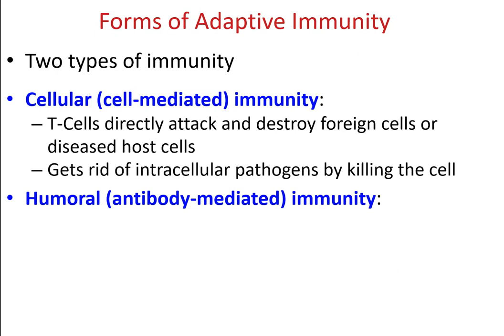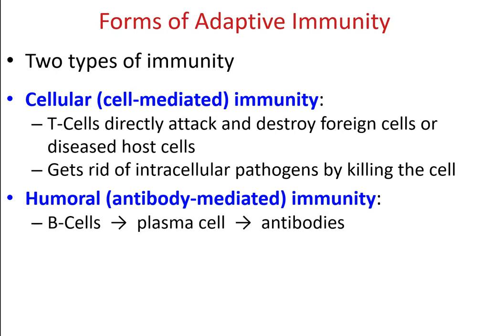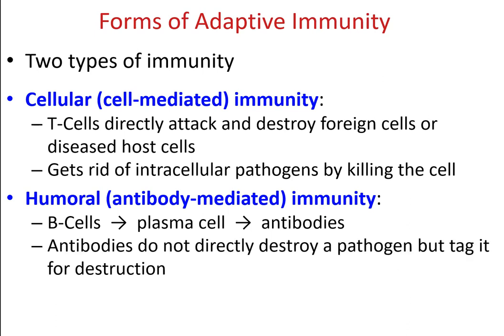With humoral or antibody-mediated, you're talking about B cells. Now, B cells are going to be activated into plasma cells. So part of what we'll be talking about with this part of the chapter is that the adaptive immunity has to be activated in order to be able to really launch its attack. So when the B cells become activated, they will become a type of cell that produces antibodies, and antibodies themselves do not destroy anything.